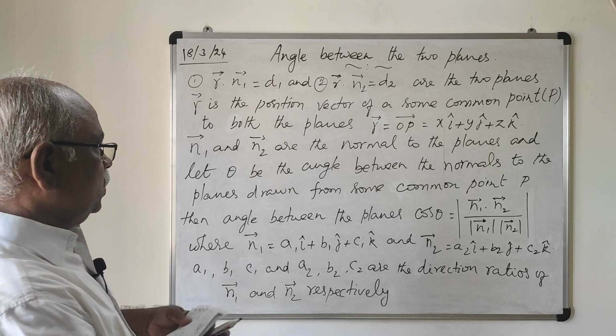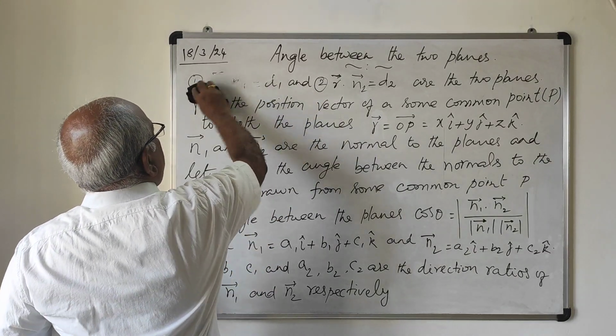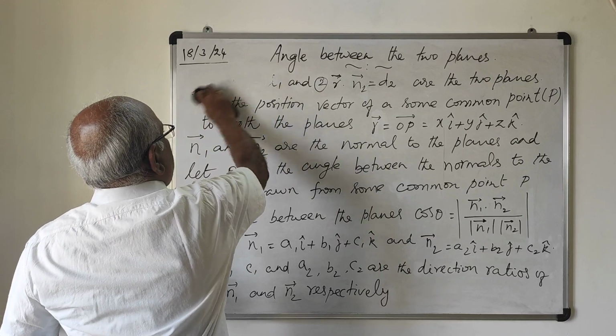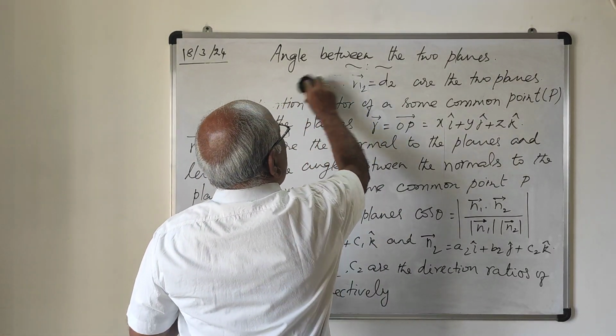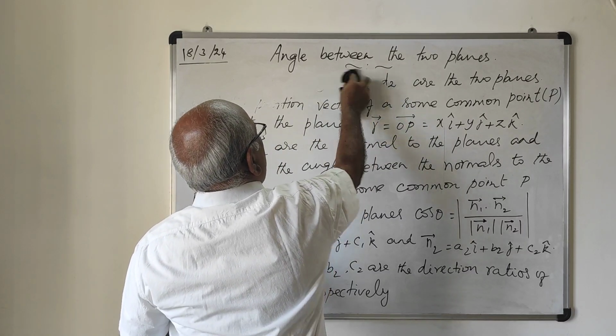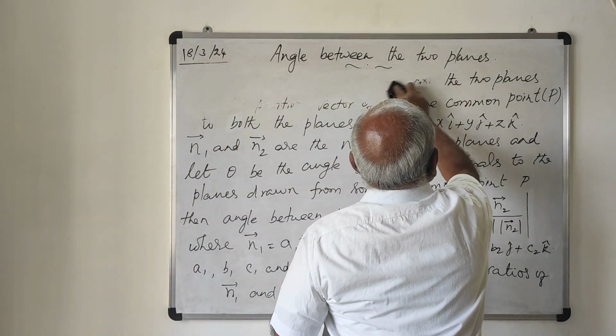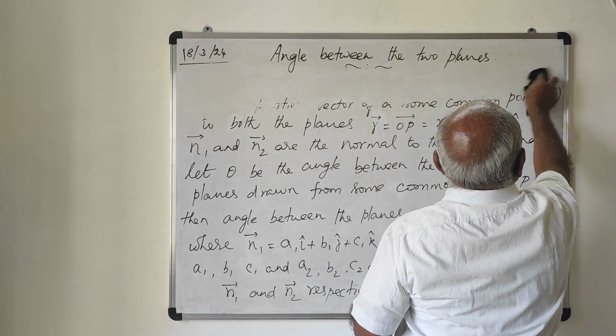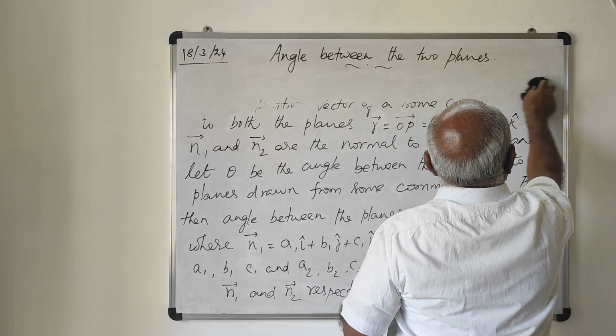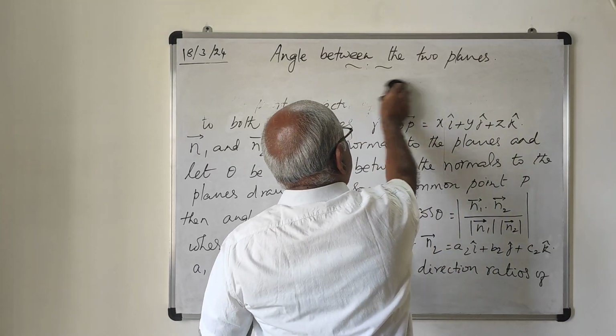Now we determine this angle between the planes by Cartesian form. The angle between the planes is given by cos theta equal to n1 dot n2 by modulus of n1 into modulus of n2.